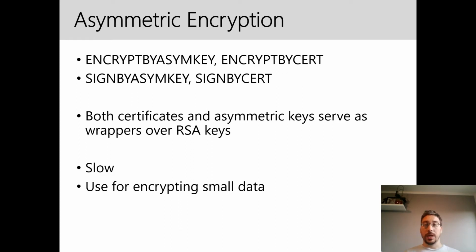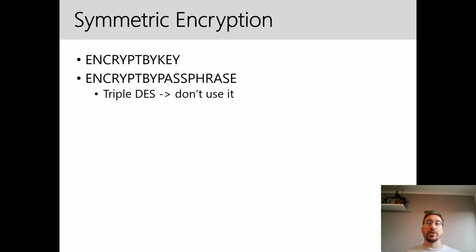They are slow and they are used for encrypting small data. So you would not use asymmetric encryption to encrypt a whole column of data, right? Because if you have a lot of text in your rows, this would take a lot of time compared to symmetric encryption.